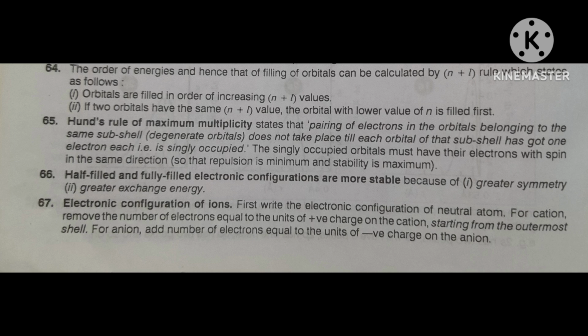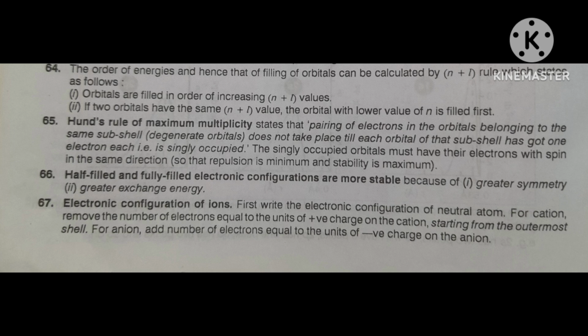If two orbitals have the same n plus l value, then what will you do? The orbital with the lower value of n is filled first; it will go to the lower n. This is the n plus l rule.